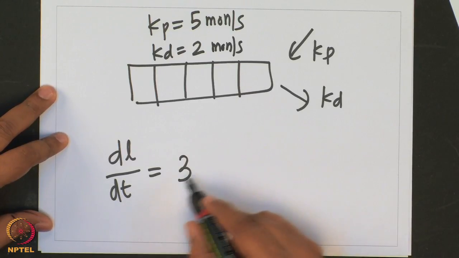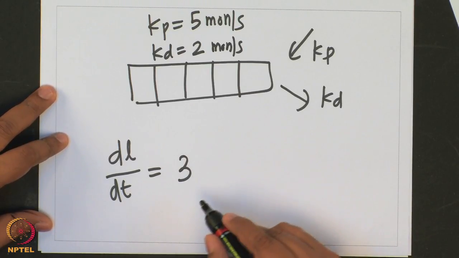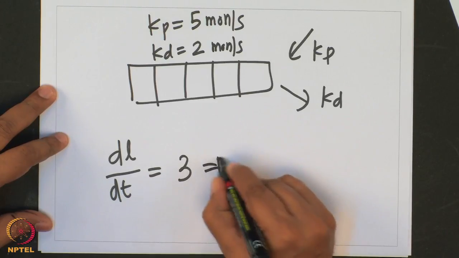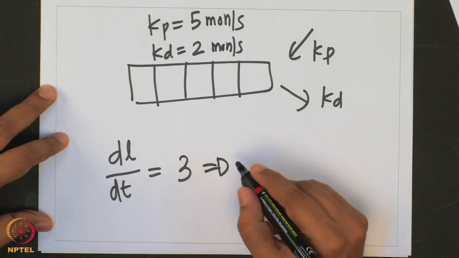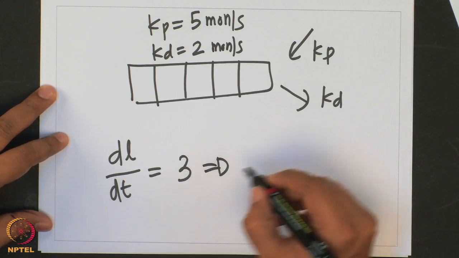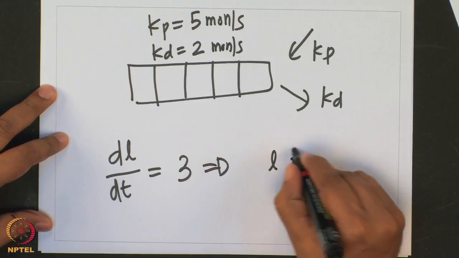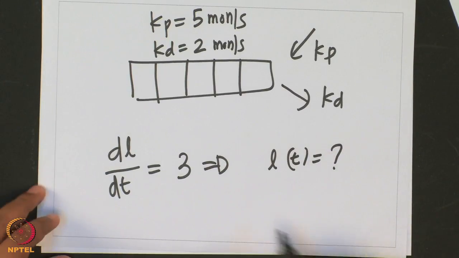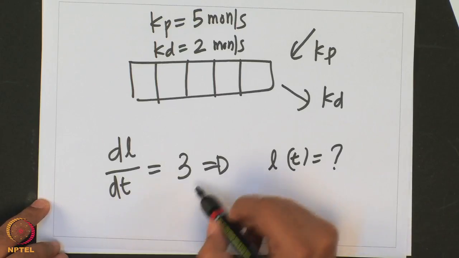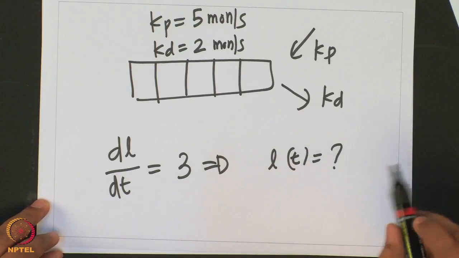If I know that dl by dt is 3 monomers per second, we saw that this would mean that dl is integral dt. So now the question we have is, what is L of t? If I know that dl by dt is 3, what is the length at any time t?